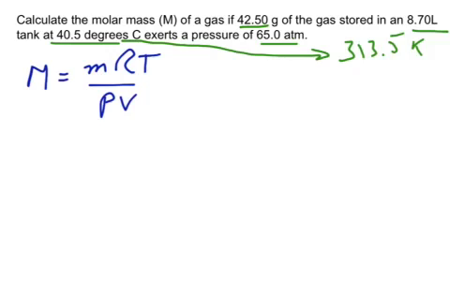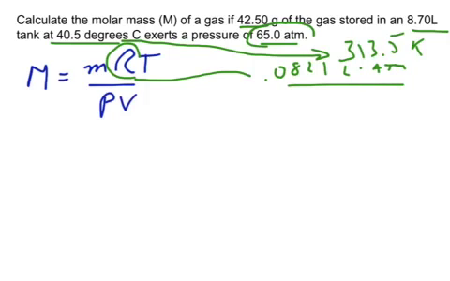And I'm noticing that atmosphere number. The atmosphere number is going to govern which R I choose. My R that has atmospheres in it is 0.0821, and that's liter atmosphere per mole Kelvin. Okay, so that's pretty much all the stuff.